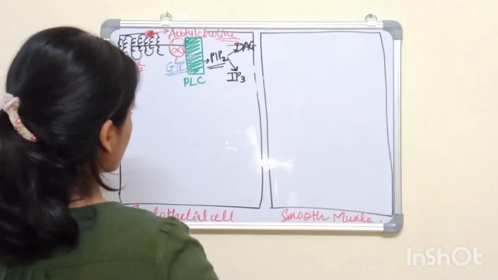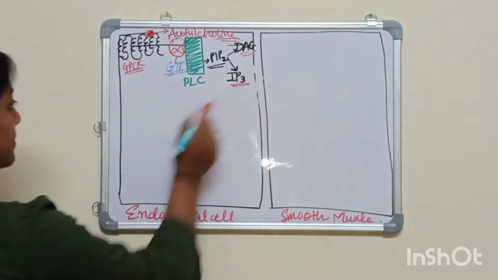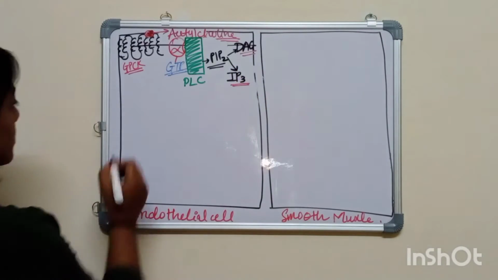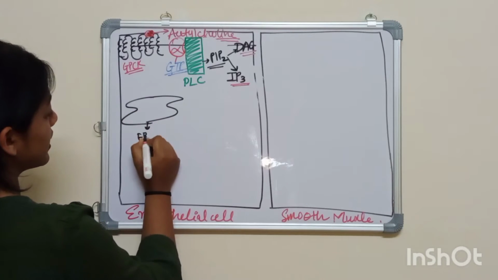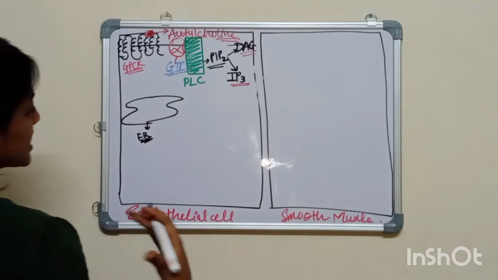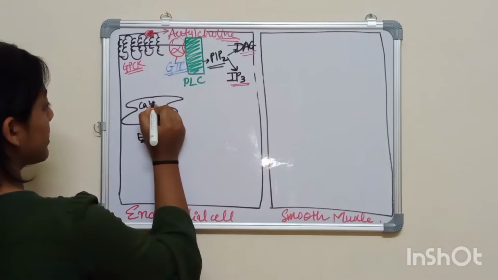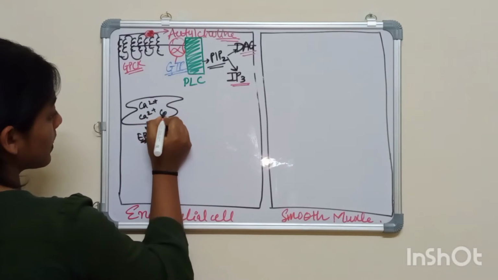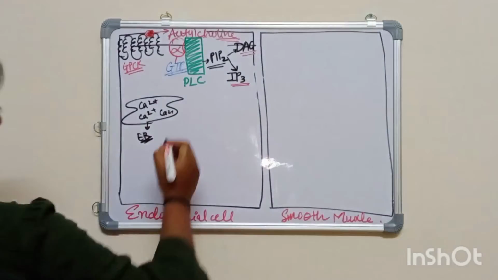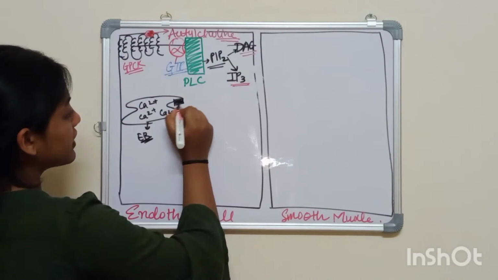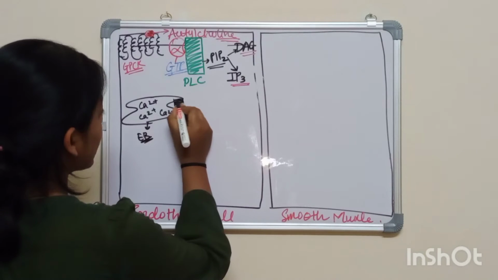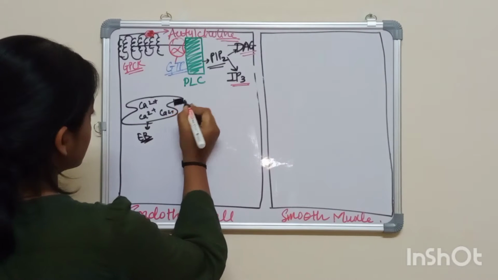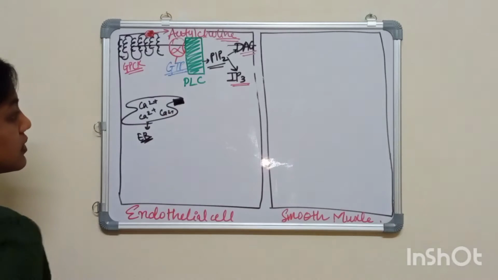Now this IP3, this is the ER, endoplasmic reticulum or sarcoplasmic reticulum. It has calcium ions in it. On the membrane of the ER there is a channel called the IP3 calcium gated channel.